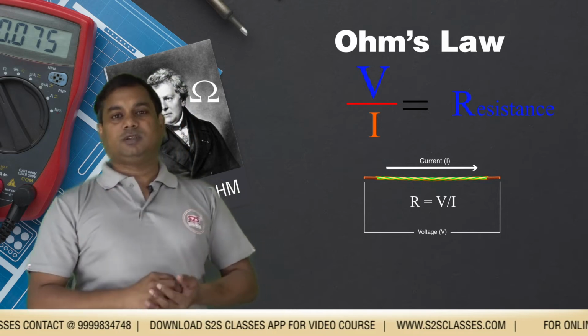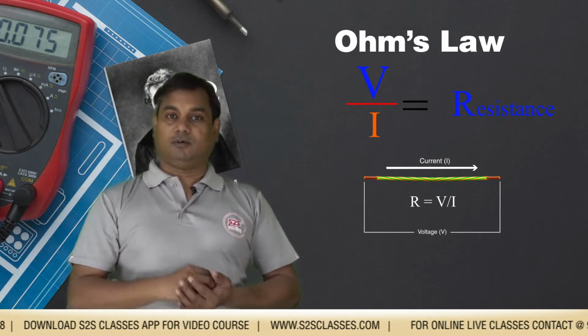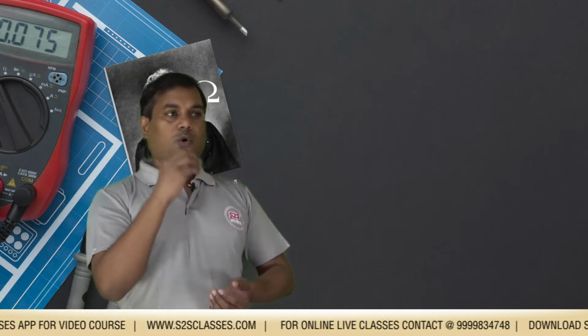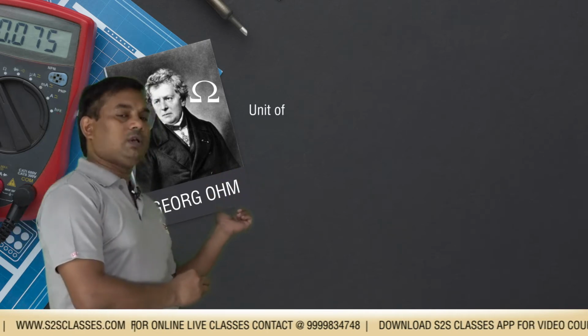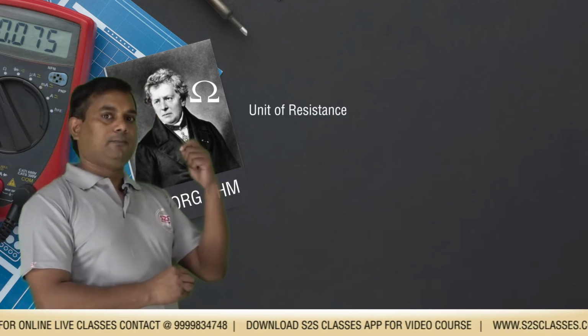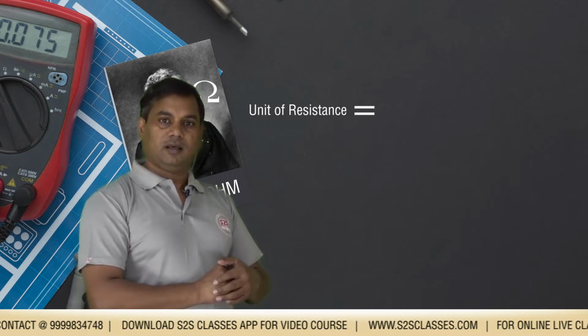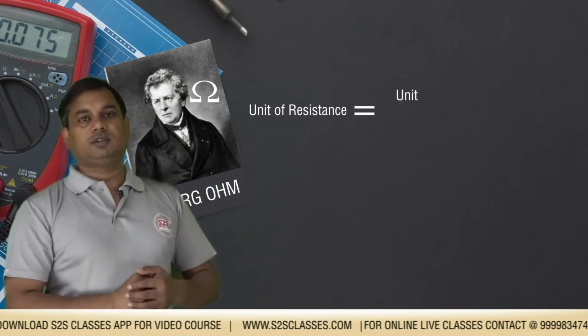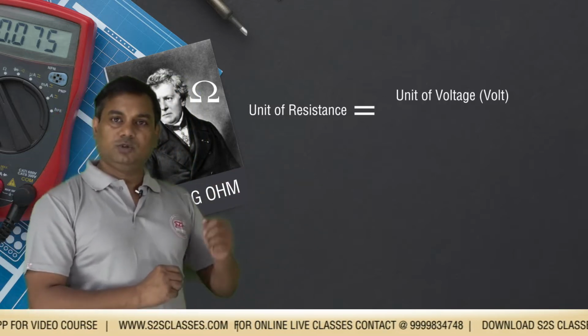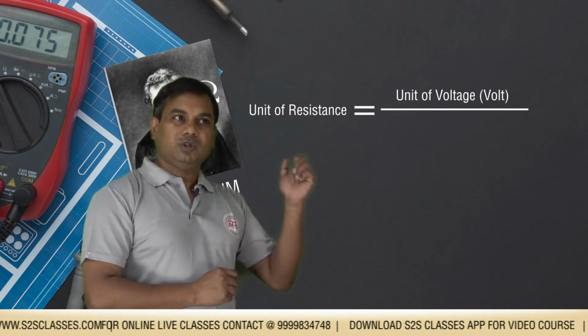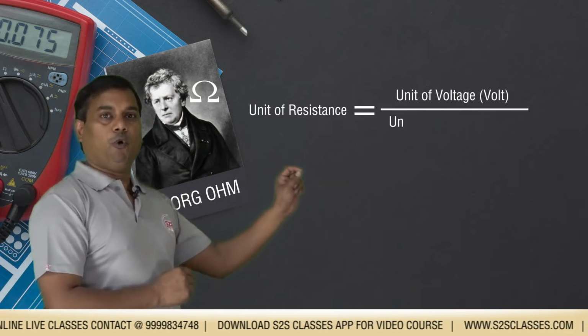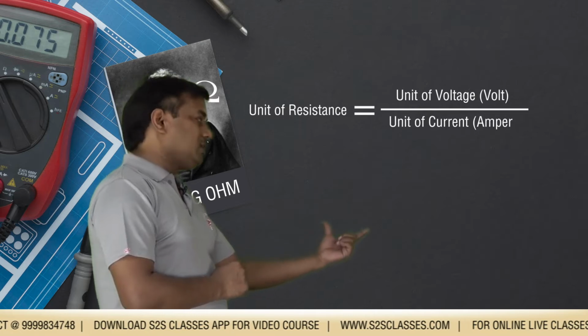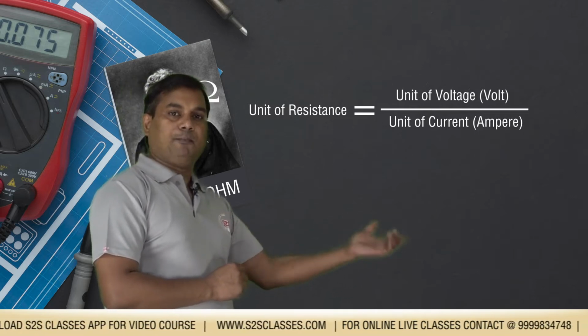Now a big question arises, what is the unit of resistance? If we are discussing the unit of resistance, we have to find the unit of voltage and write the unit of current. What is the unit of voltage? Unit of voltage is volt and unit of current is ampere.